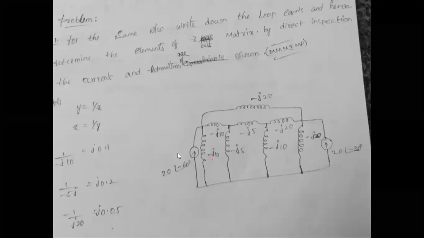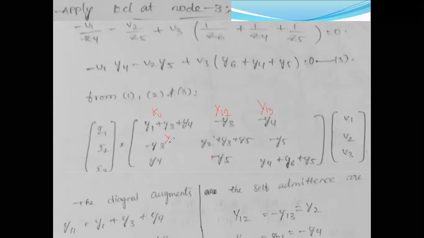Then we write down the elements: this is y11, this is y12, this is y13, and this is y21.